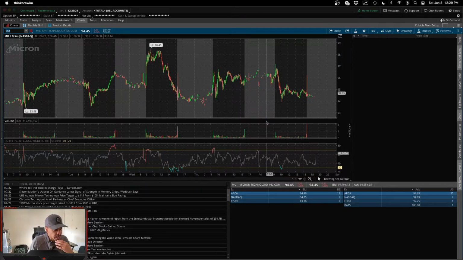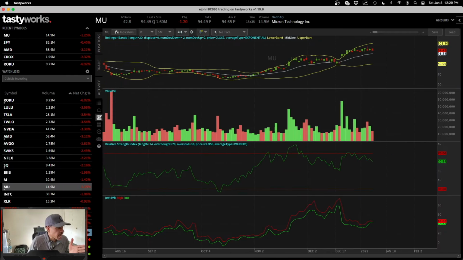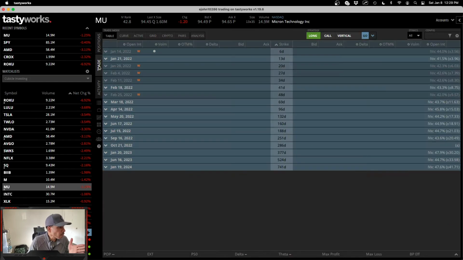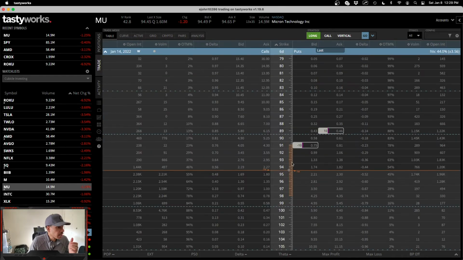So $93 and some change has been the support area for MU. So I decided to put on a trade on MU where I sold a bull put credit spread, right?